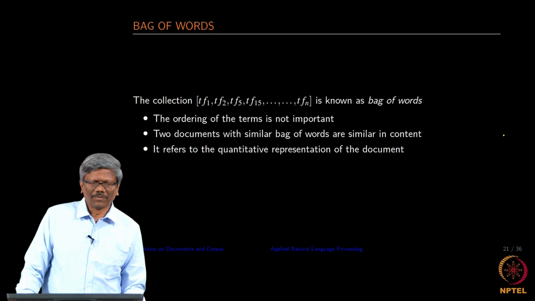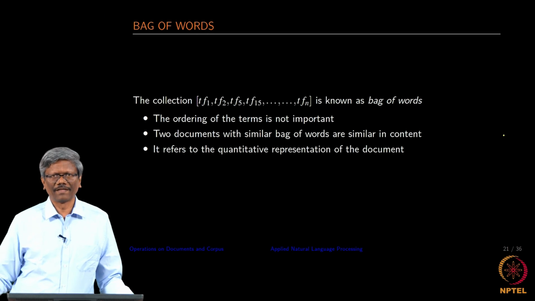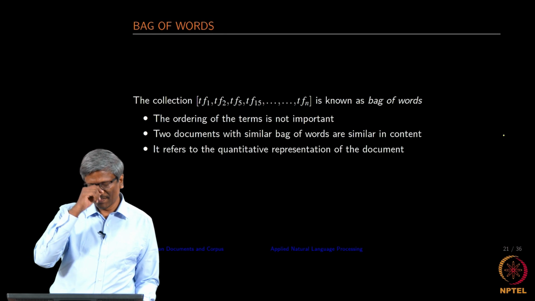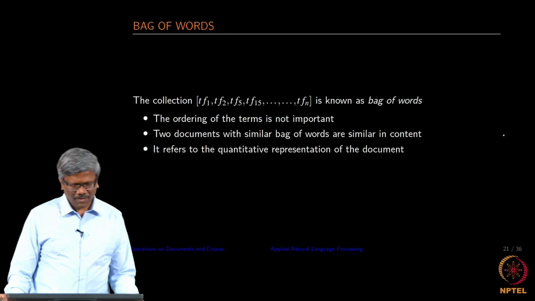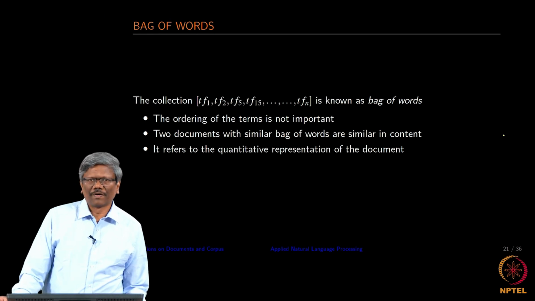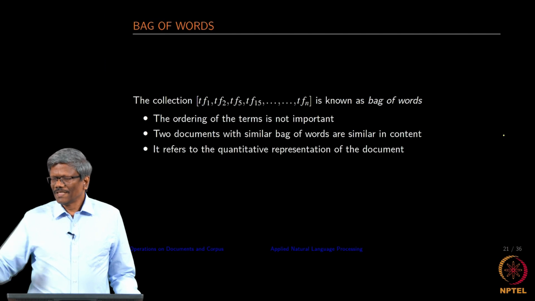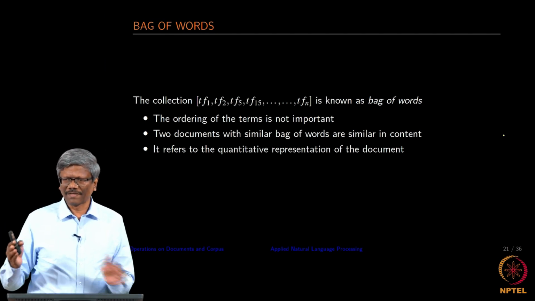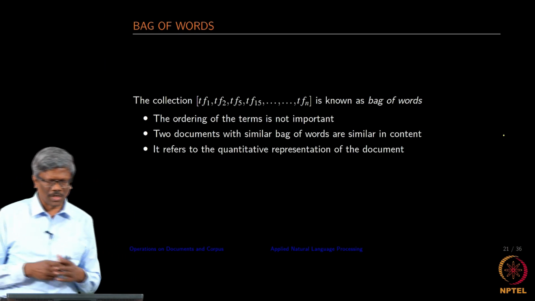When you pick anything from the bag, any word that appeared in the corpus might come. It does not come in any ordered sequence. So, it represents a quantitative measurement for a given document. We create multiple bags, shred the words from the given document and move them into bag 1, bag 2, bag 3, bag 4 and so on.